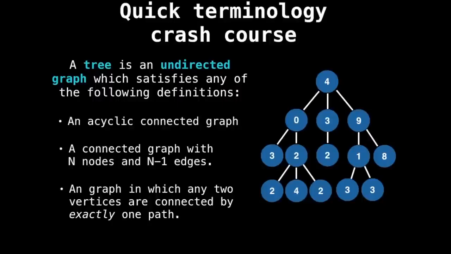Another definition is we have n nodes, but we have n minus 1 edges. And lastly, for any two vertices, there's only one path between those two vertices. You can't have two different paths. That would imply that we don't have a tree because there's another route to get to another node. And so we'd have a cycle.